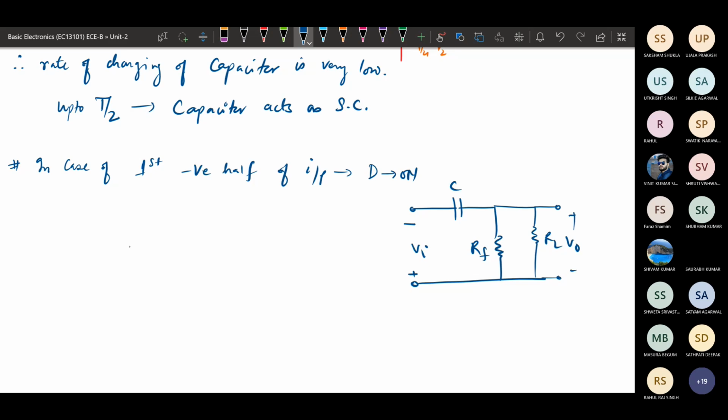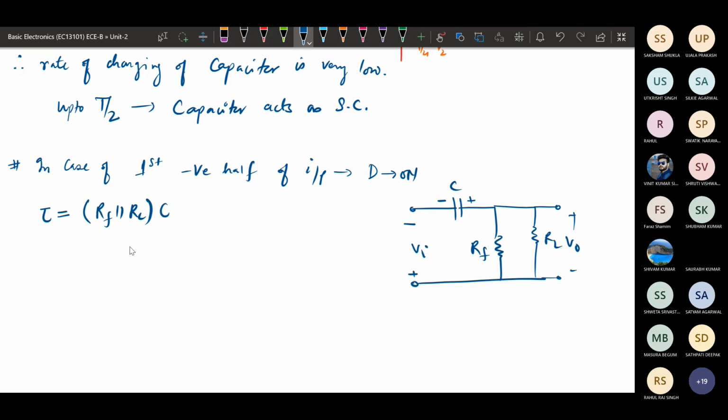Once the capacitor has charged, its value will be minus and plus of the maximum input voltage we are applying. With respect to that, in the negative half we calculate the time constant tau, which will be RF in parallel with RL, into C. RF is very less compared to RL.